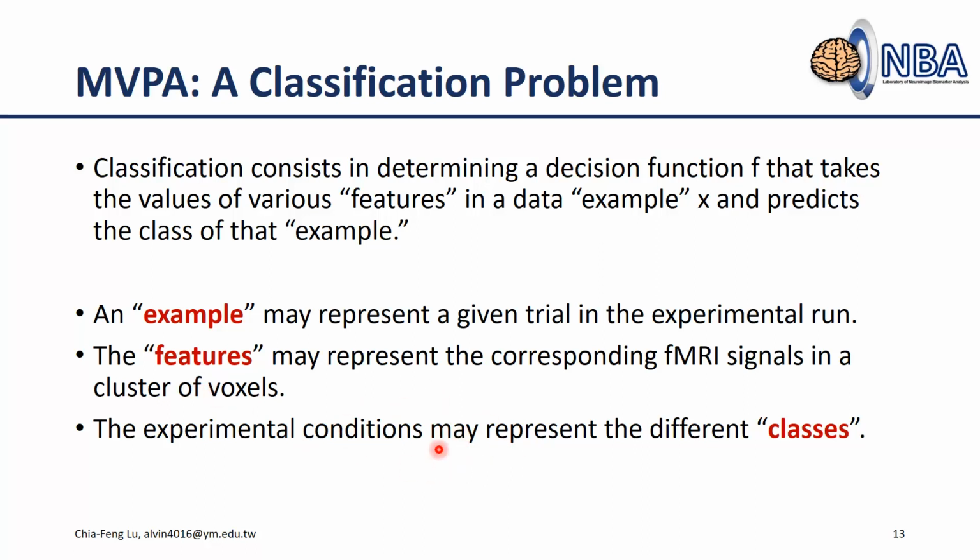Then you need to pick the right algorithm, for example, support vector machine. I think in this MVP analysis, support vector machine is still the best option, not deep learning, because deep learning architecture needs a very huge sample size. But for SVM, I think it does a pretty good job.